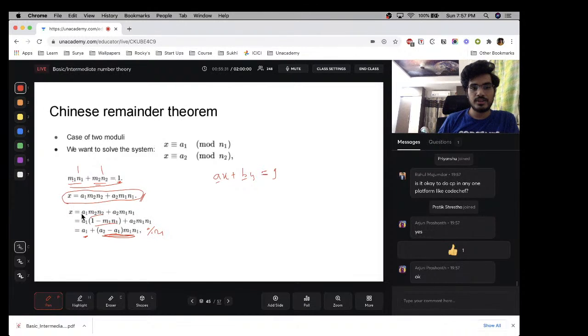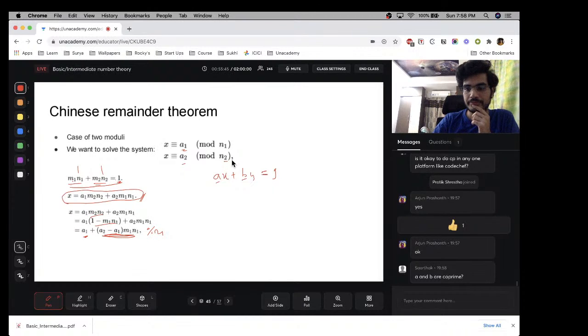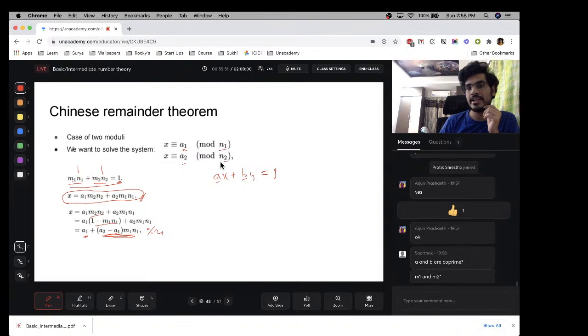So that way, if we take modulo n1, we get a1. We can prove in a similar way that we get a2 if we take modulo n2. So hence we found such an x. A and B are coprime. Yes, here a and b are n1 and n2.